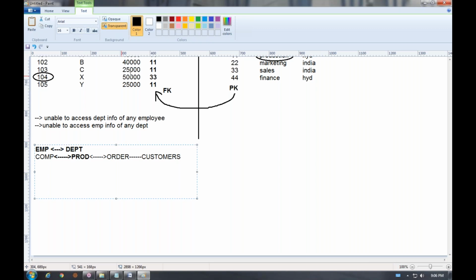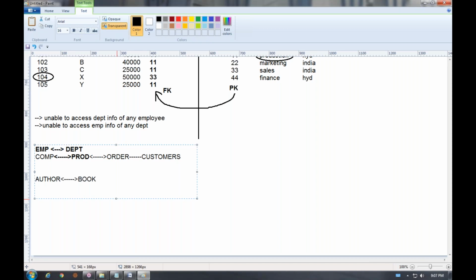Suppose one more simple example. Let me take one more simple example. Say there is a book. Book is related with two objects. What are they? See, each and every book is written by some author. Authors. Without author, there is no book.